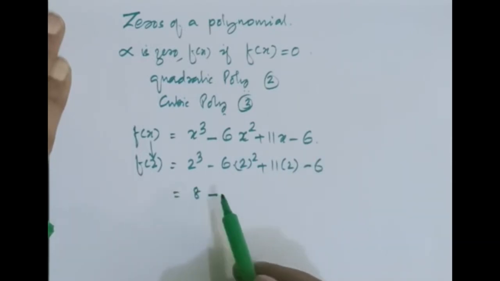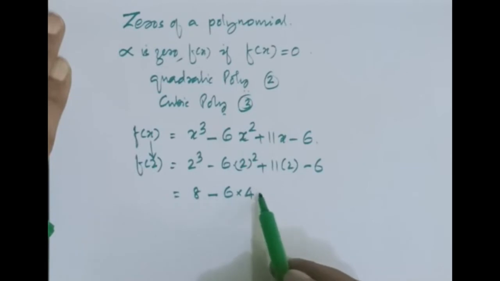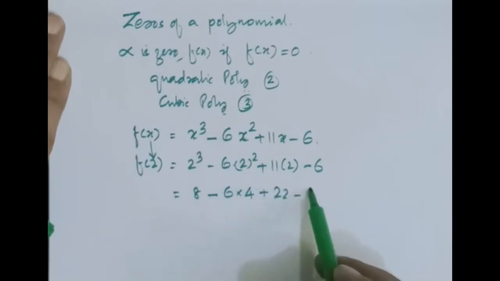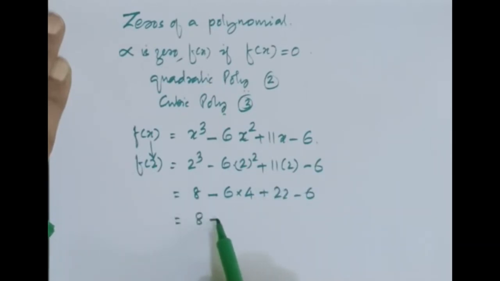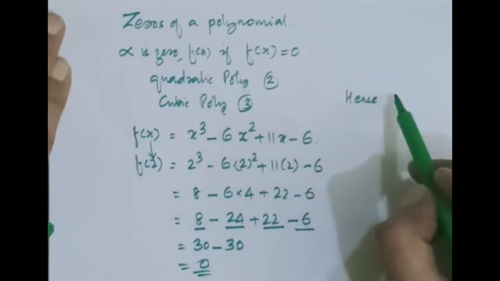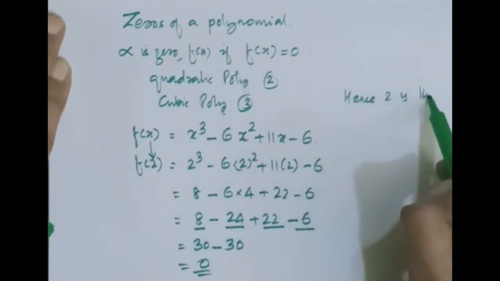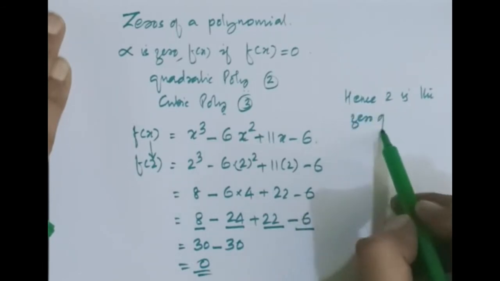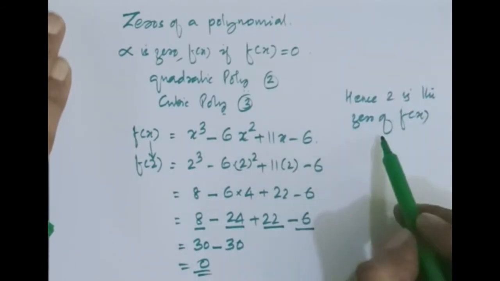It is 8 minus 6 into 4 plus 11 into 2, 22 minus 6, which is equal to 8 minus 24 plus 22 minus 6. 8 plus 22, that is 30, minus 24 and minus 6, minus 30, which is equal to 0. Hence, 2 is the zero of f(x).